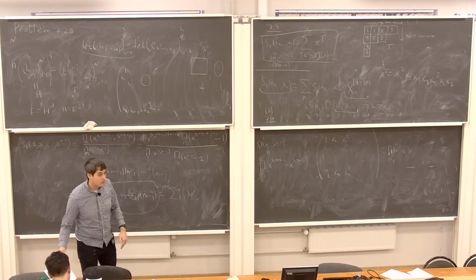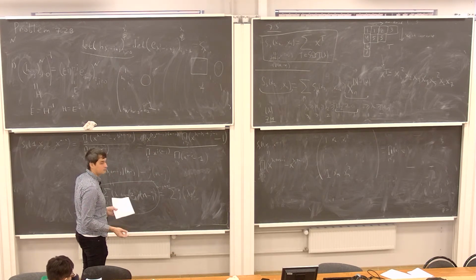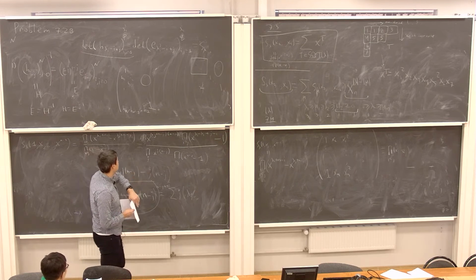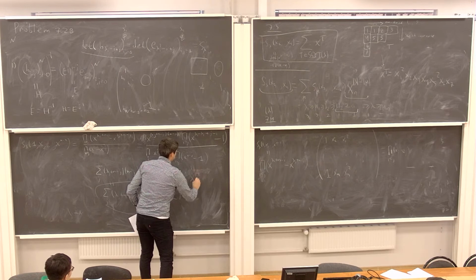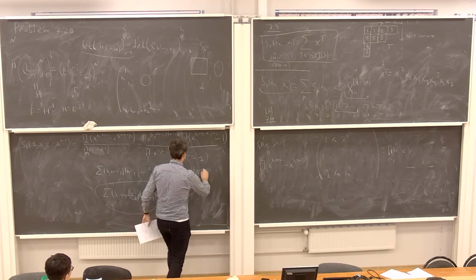Let's compute at 1, 1, 1. How to compute? If you have this expression, you have x to the power of the sum, which we can compute by this formula, times the product over the product.